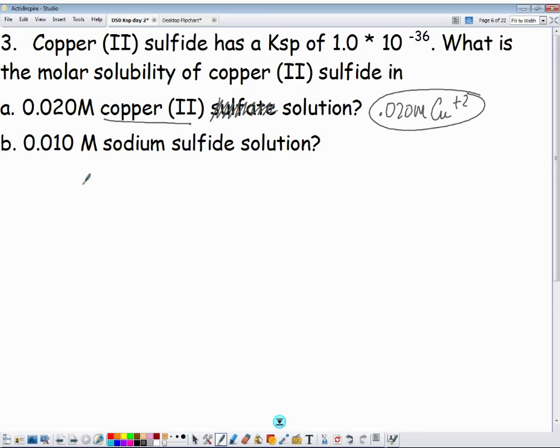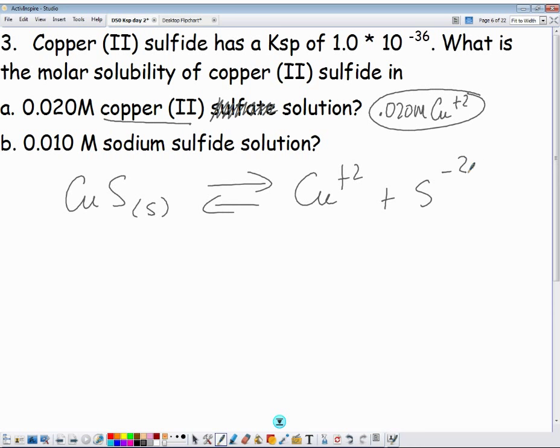So we have CuS trying to dissolve in equilibrium with his ions once we allow it to reach equilibrium. We start with no sulfide ion, but we start with 0.02 molar copper ion. That's the only difference.